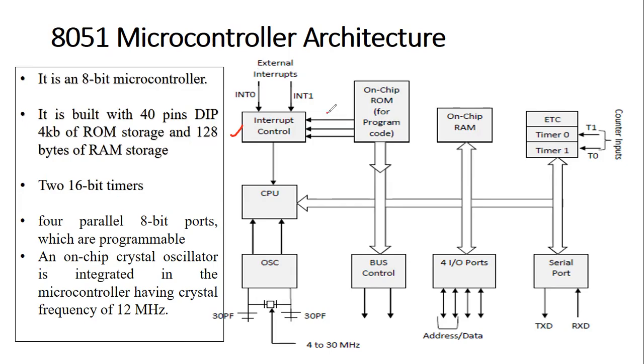Here from the arrows you can see the flow of data. From the oscillator, the signal is going towards the CPU. These internal buses are bidirectional. In the case of ports, these lines are also bidirectional.